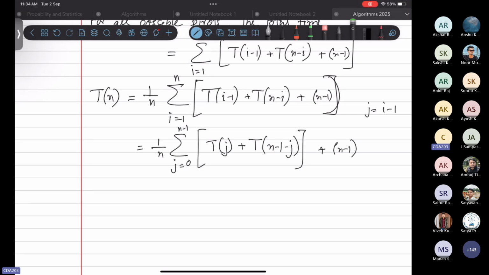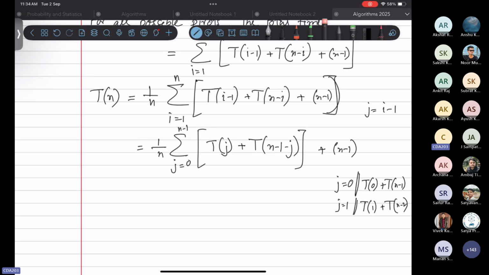For j equal to 0, what do I have here? I have t0 plus t n minus 1, right? For j equal to 1, I have t1 plus t n minus 2, like this.